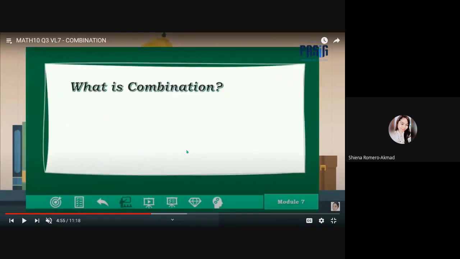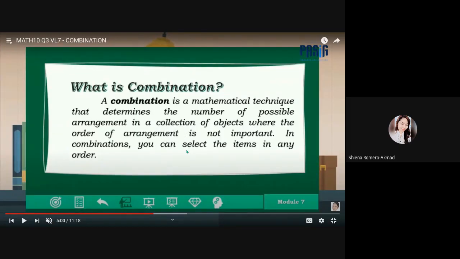So when we say combination, what does combination mean? It is a mathematical technique that determines the number of possible arrangements in a collection of objects where the order of arrangement is not important. In combinations, you can select the items in any order. So wala tayong sinusunod dito na order. Hindi tulad nung sa permutation. Pag sa permutation kasi, like for example, inarrange mo sila in a line, they hold a certain position.